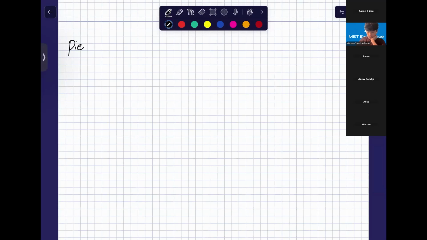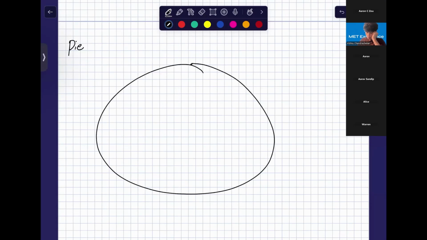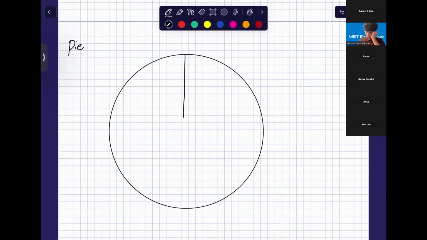You guys should be familiar with pie charts. They literally look like pies, a circle, and then you're going to be given variables, like let's say your favorite board game. Let's say Monopoly, Jenga, chess, whatever.